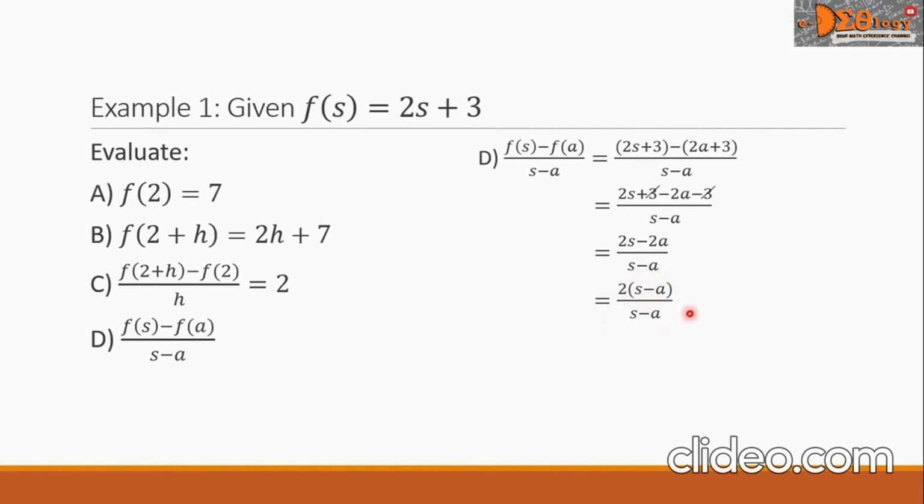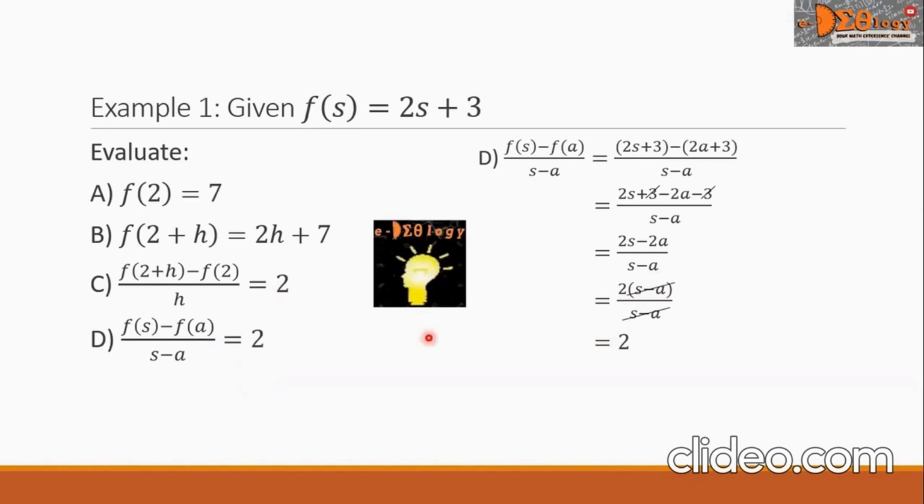It means we can cancel the s minus a and the s minus a in the denominator respectively. So the final answer is 2. And we copy this answer opposite this letter D. So we finally completed our answers for example 1. These are our final answers.